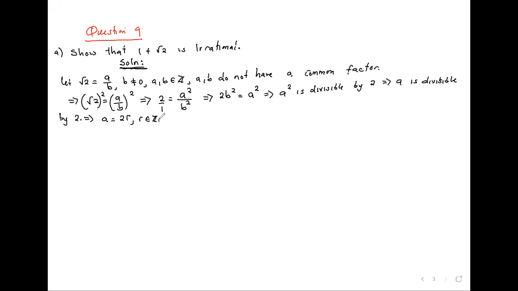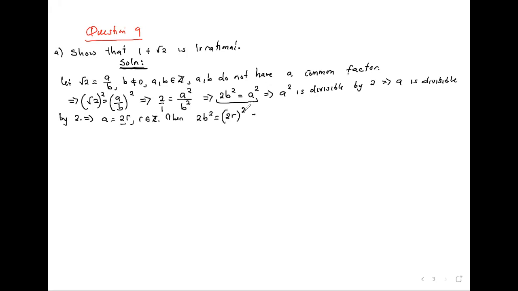After we do that, we can go back to this equation here and say, then we have 2B squared equal to, we said A is 2R.